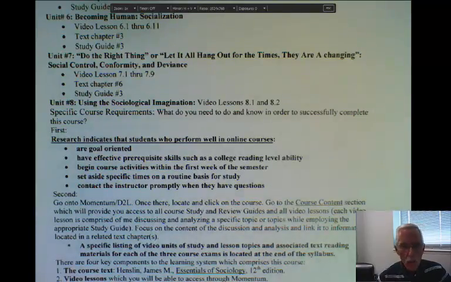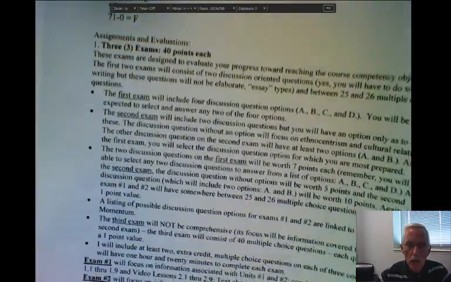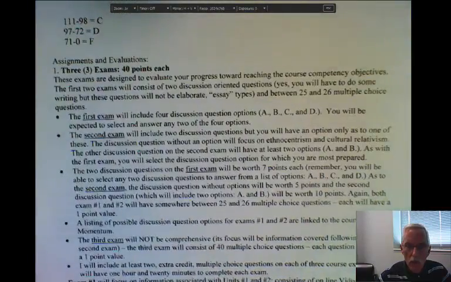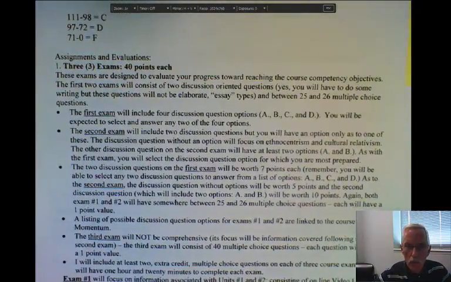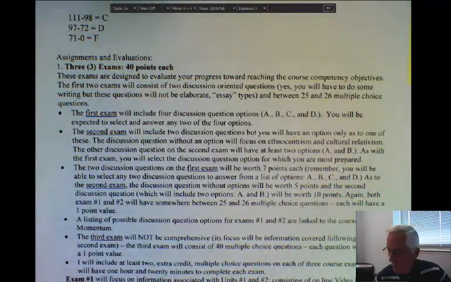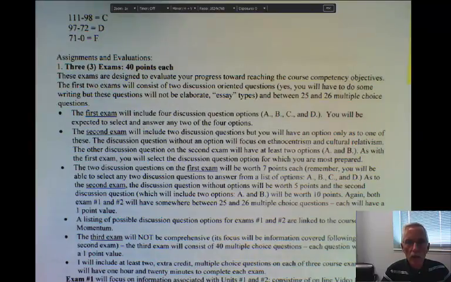Now, as you go on through the syllabus, bear in mind that there will be 3 major course exams. I've detailed these 3 exams in terms of what you can expect, beginning on page 5. The exams are going to be linked again to video lessons, textbook readings, and information that you will find in the study guides.